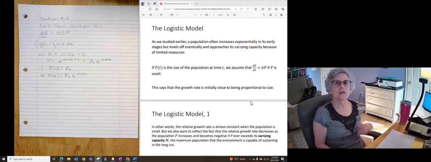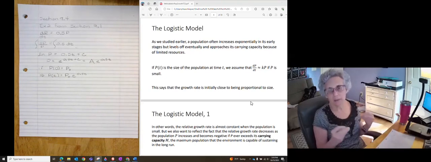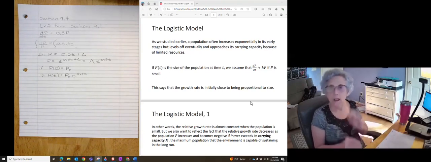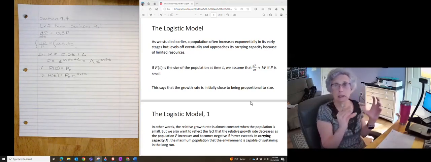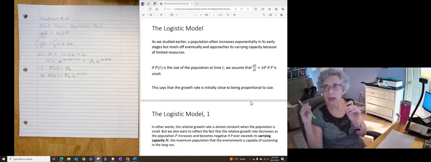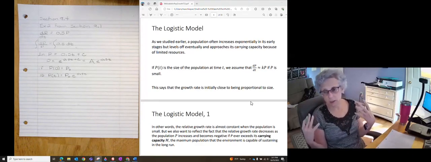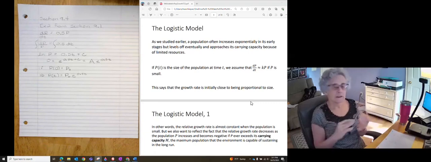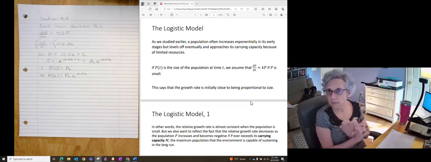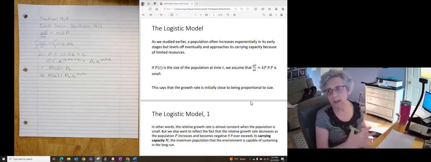But we're going to move on to the logistic model because it comes up in so many application problems. At the very beginning, things look like natural growth, but then growth starts to slow down as it starts to reach what's called its carrying capacity. This applies to populations, to the spread of new technology, and to the spread of information.